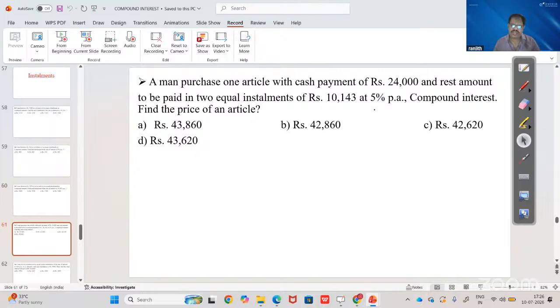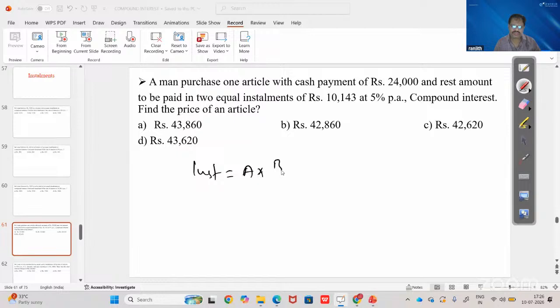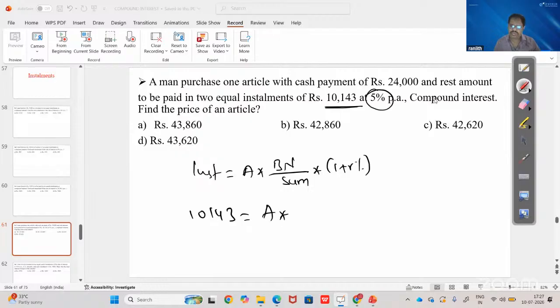So we can use the formula: installment equals amount into bigger number by sum into 1 plus R percentage. What is the installment? 10,143 is the installment, and we need to find the amount. What is the R percentage?